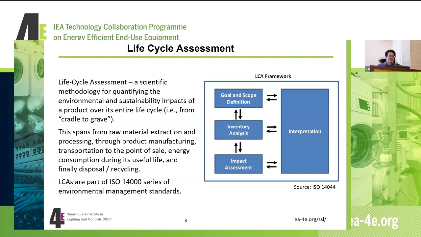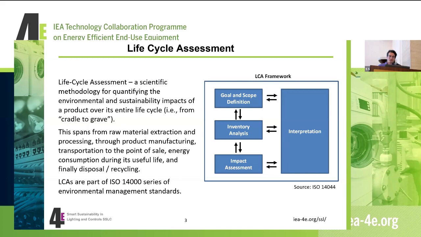Okay, so the LCA. This is an International Standards Organization, ISO 14000 process. It's a recognized way of quantifying the environmental and sustainability impacts of products over their entire life cycle. So we use the phrase from cradle to grave. It spans raw materials extraction to making parts, assembling those parts into products, transporting those products to point of sale, then being installed and used in the home or business, and then disposed of.